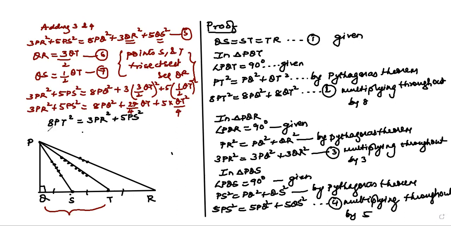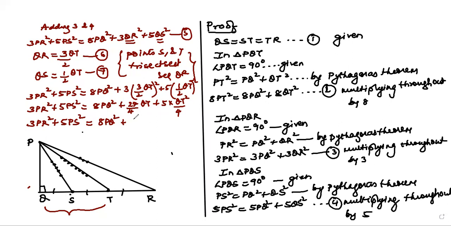I'm getting the answer, children. Please have a look at this. Therefore, 3PR square as it is plus 5PS square is equal to 8PQ square plus, when the denominator is the same, numerator gets added up.